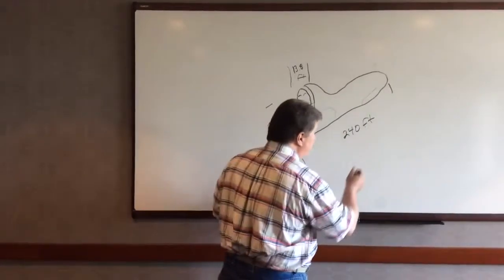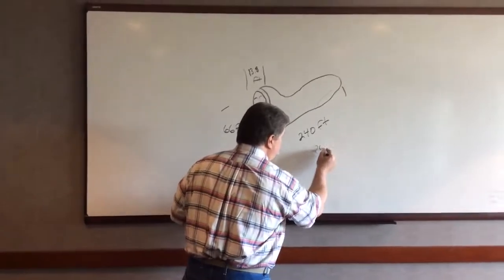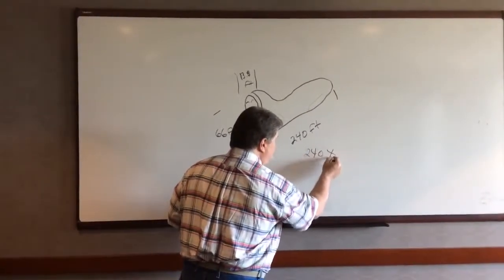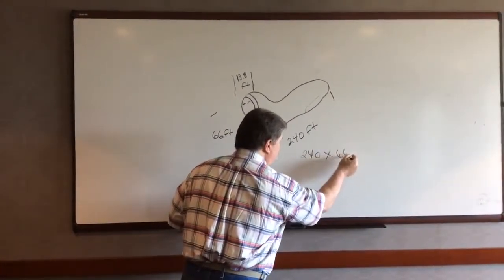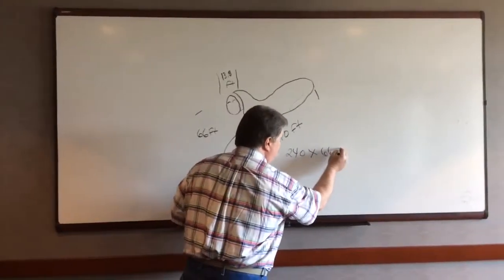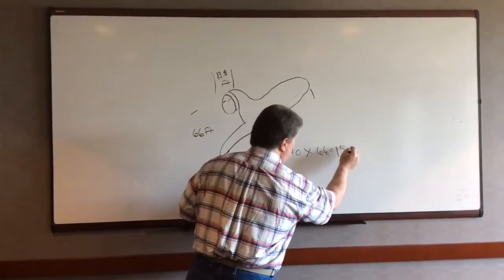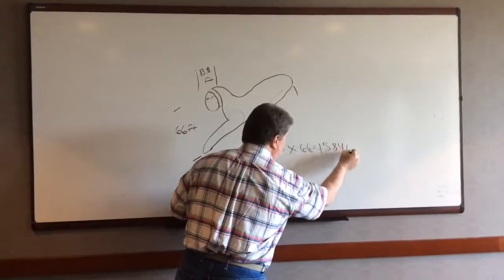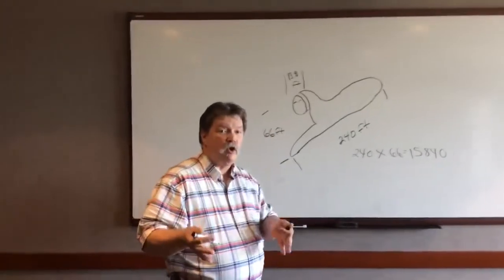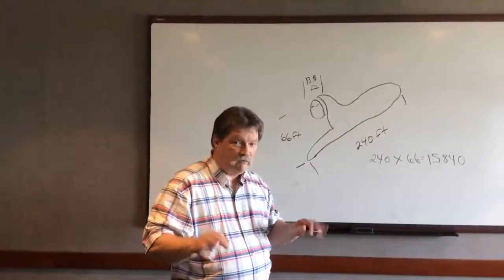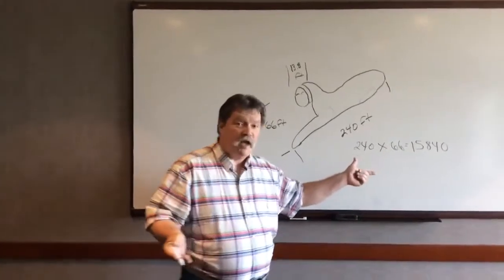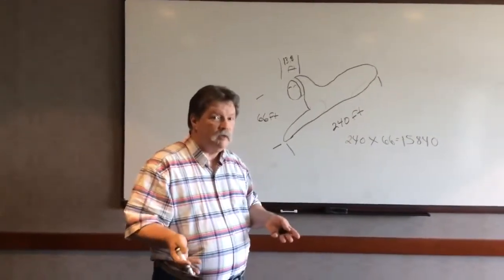If you take the length, 240 feet, and multiply it by the height at the head, you come up with 15,840. Now, I'm going to disregard units, so I'm taking the feet off. Now, 15,840 doesn't really tell me anything.